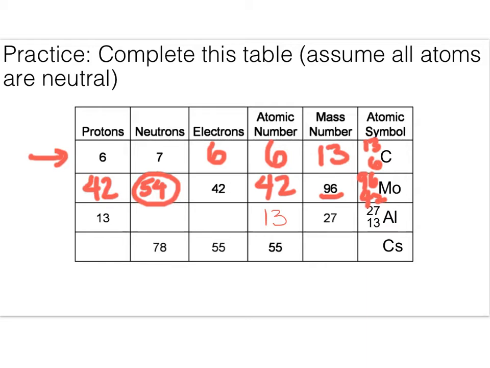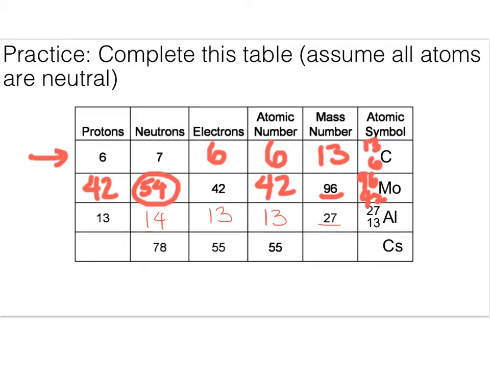Because this is neutral, the number of electrons should cancel with the number of protons, right? They're going to be equal charge. Then we're going to figure out from our mass number how many neutrons we have. It's going to be 27 minus the number of protons, which in this case is 13. That should give us 14 neutrons for this aluminum 27.